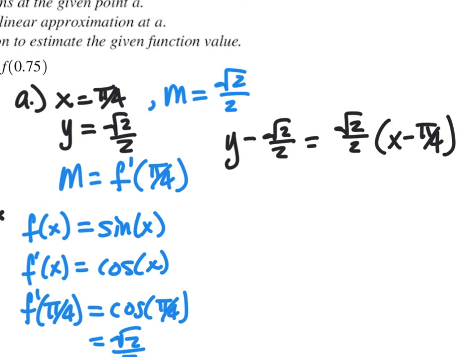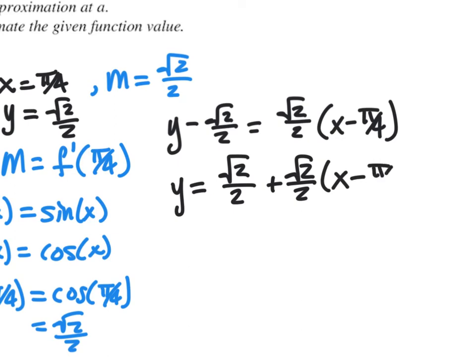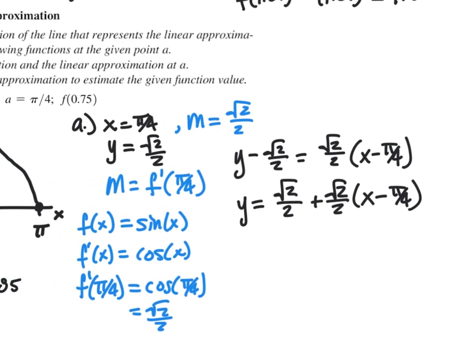Okay? And so I can say y is equal to the square root of 2 over 2 plus the square root of 2 over 2 times x minus pi over 4.